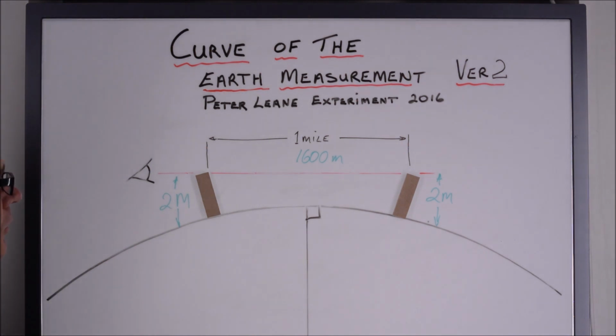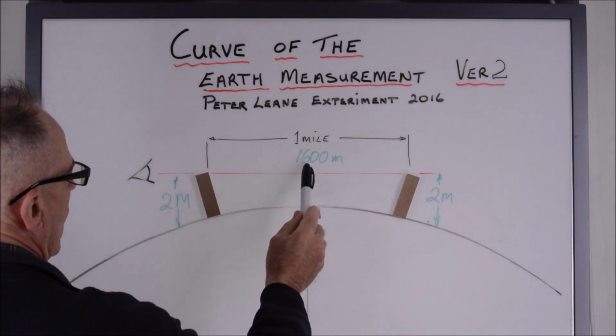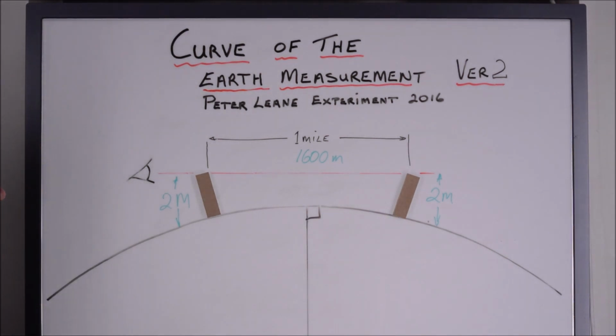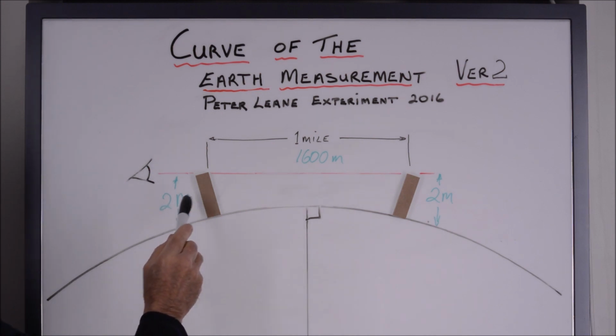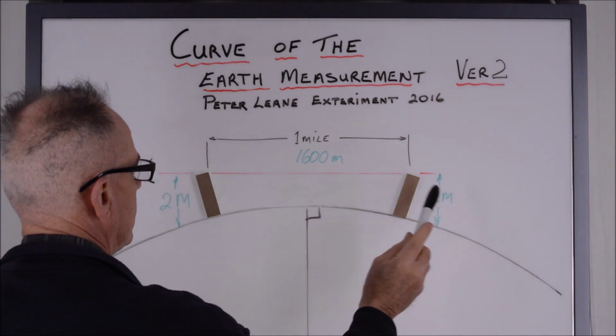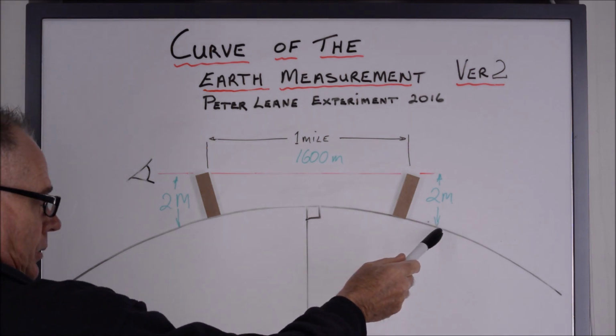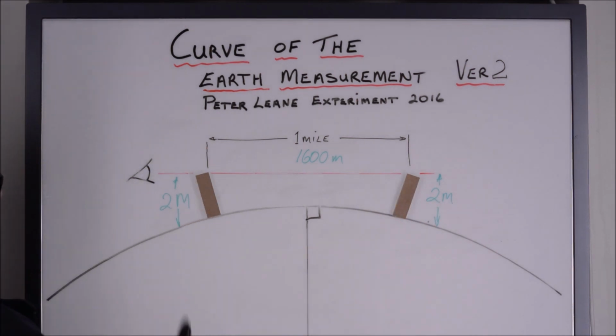Okay, moving on with the concept. We still have our 1 mile distance and 1,600 metres. So I think we'll move away from imperial into SI units now. Let's start talking metric. I've introduced two columns into this concept, and they're 2 metres high off the ground.